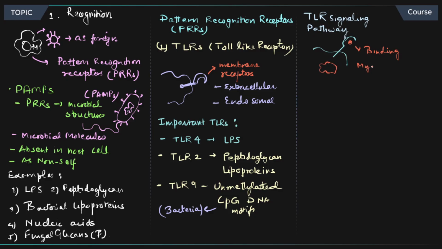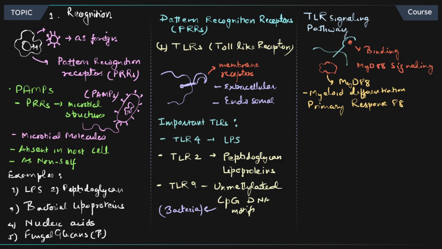The first one is the MyD88 signaling pathway. In this one, the protein is MyD88, and the full form of this protein is myeloid differentiation primary response 88. This is the name of the protein that gets activated, and further you have multiple proteins that are going to get activated by this particular protein.